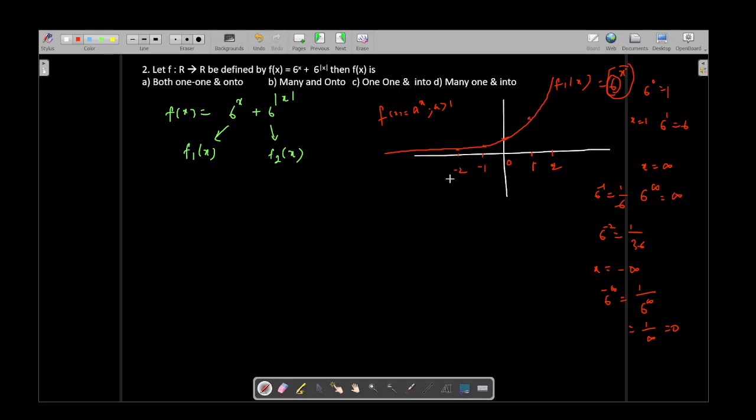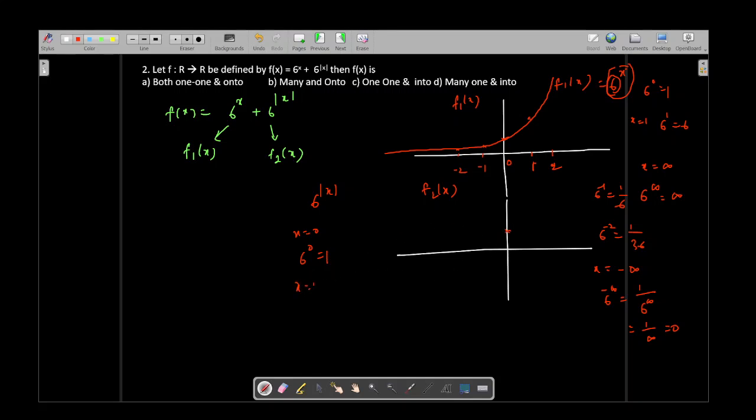Now let us plot f2 of x. We have 6 power mod x. If you put x is equal to 0, you'll get 6 power 0, which is 1. So it is 1 here.